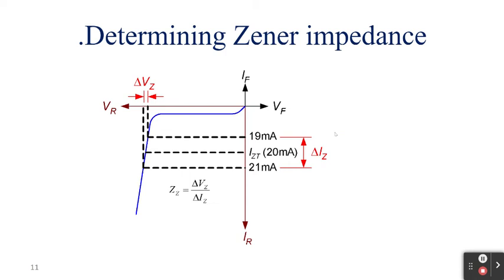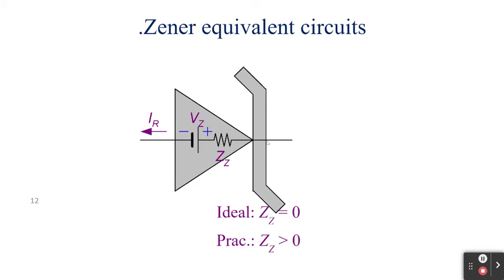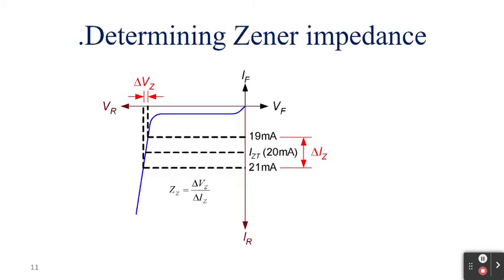So, looking at this figure about determining the Zener impedance, you will see here 19 milliampere along the reverse current IR. Let's take this as one of the Zener currents, 19 milliampere, and there's another Zener current here, which is 21 milliamperes.